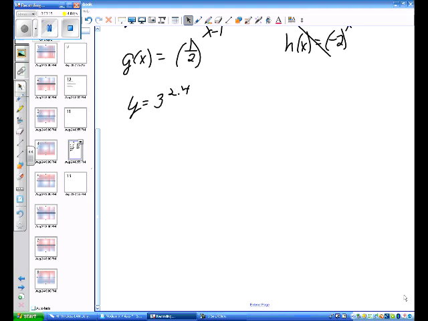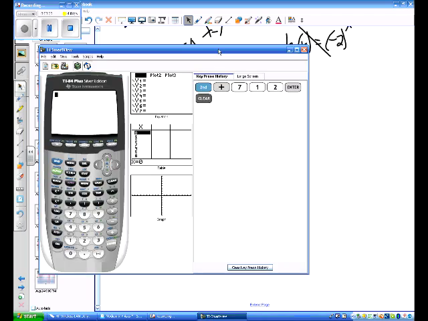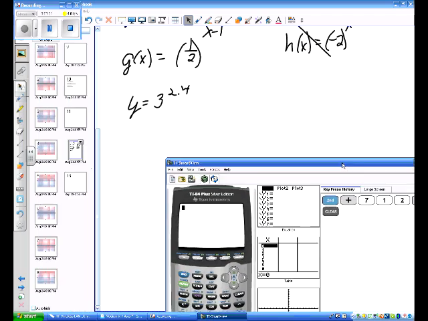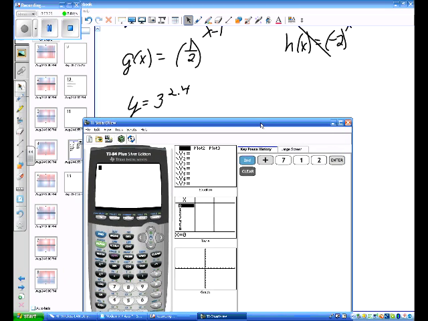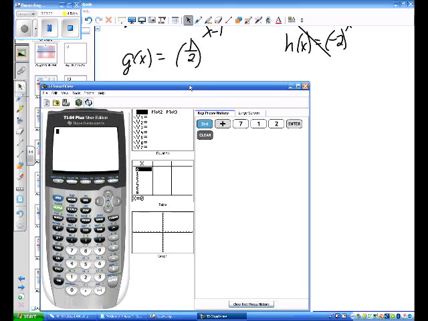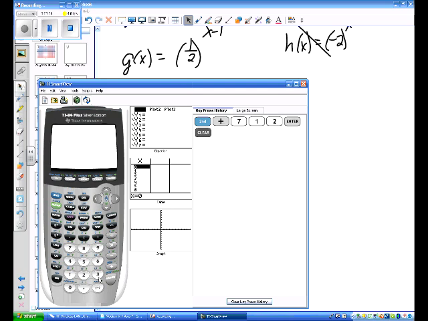All right, we're going to pull up our calculator, and we're going to look at how to find this on the calculator. Now our problem was y equals 3 to the 2.4. So to evaluate that, we would take our calculator and we would have 3, and then we have our raised to the power 2.4, or 2 and 4/10 would be the correct way of reading that.